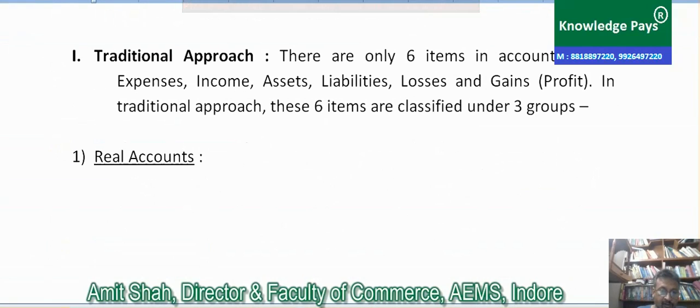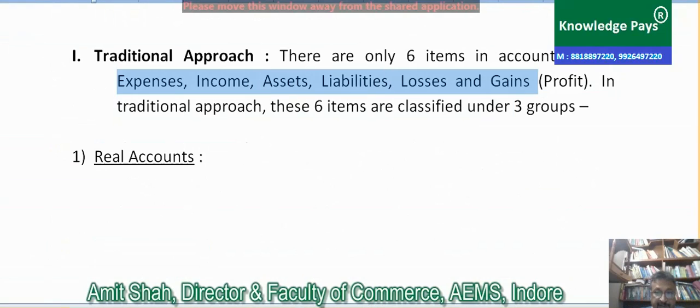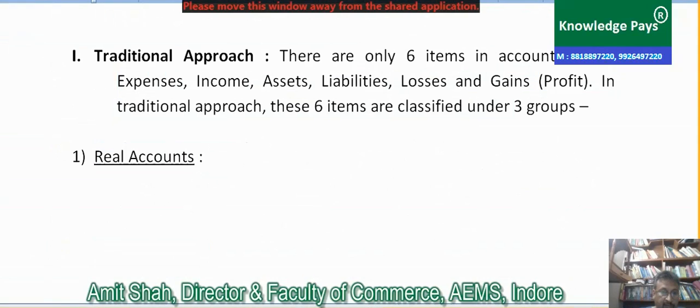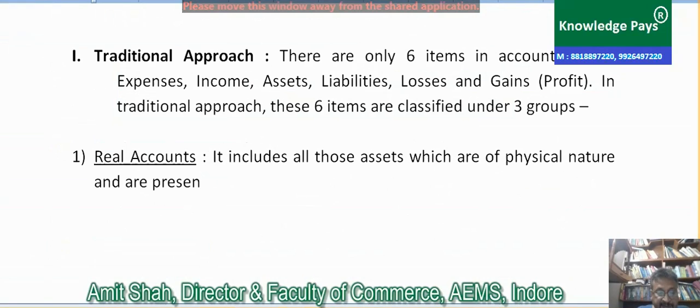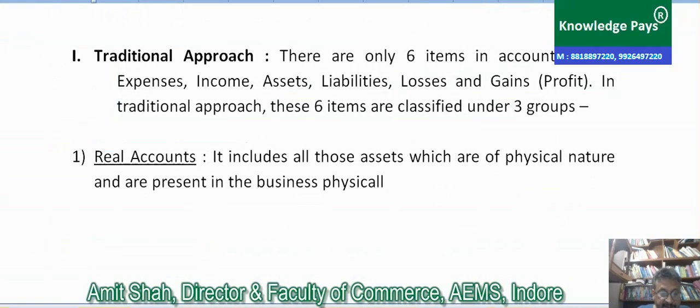Now under real accounts, what comes out of these 6 items, that I am explaining now.